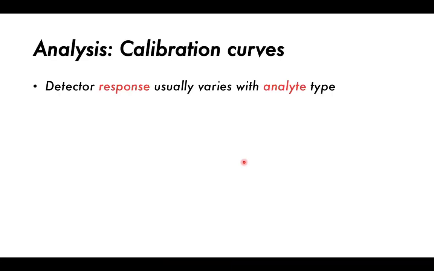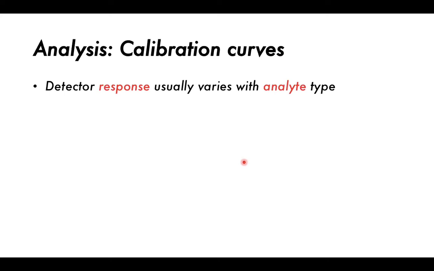And so going back to what I mentioned a moment ago, I said detector response usually varies with analyte type. And so that means that for two analytes of the same concentration, one can have a higher response in the UV detector. And this is really just a function of the measurement types and the way that they work.